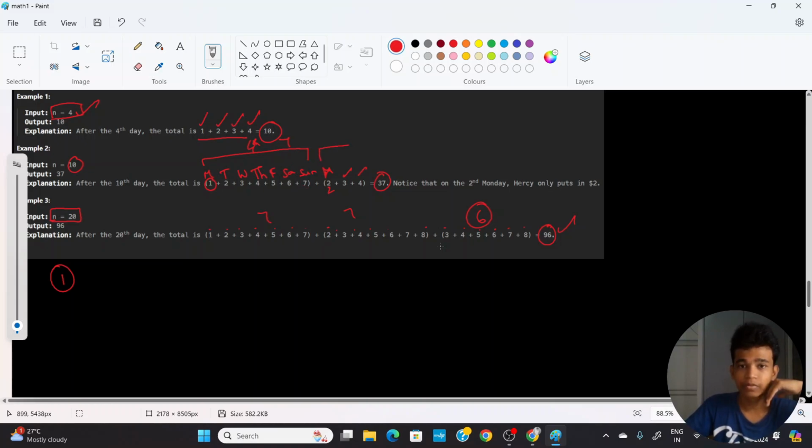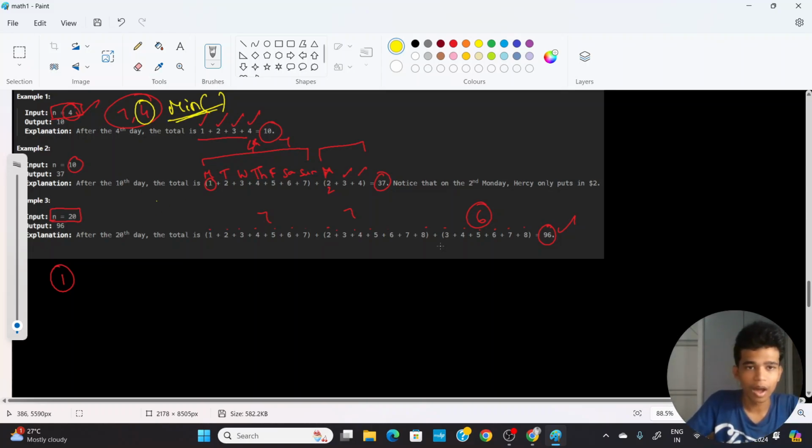Then again start from 2 and go up to 7 times. If there are not 7 days remaining, how can we find it? If n is 4, should we take 7 or 4? We should take 4. So we should take the minimum value. In code I will show you how we are going to take this minimum value.